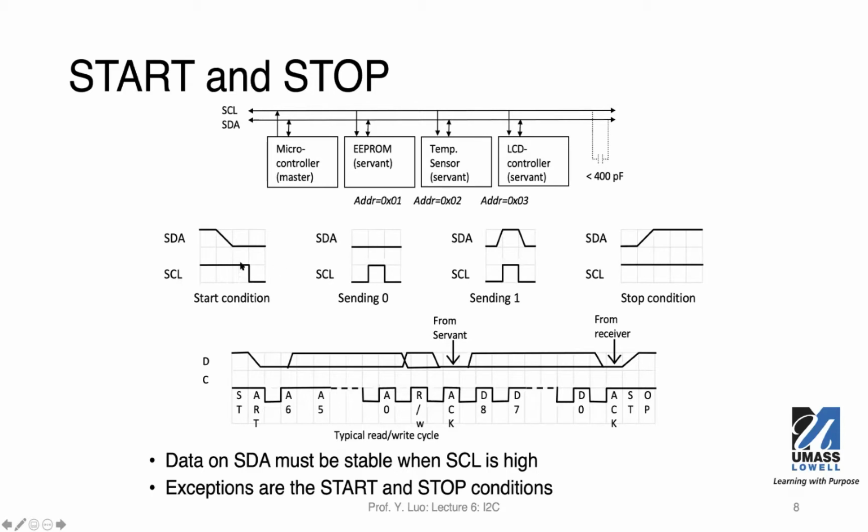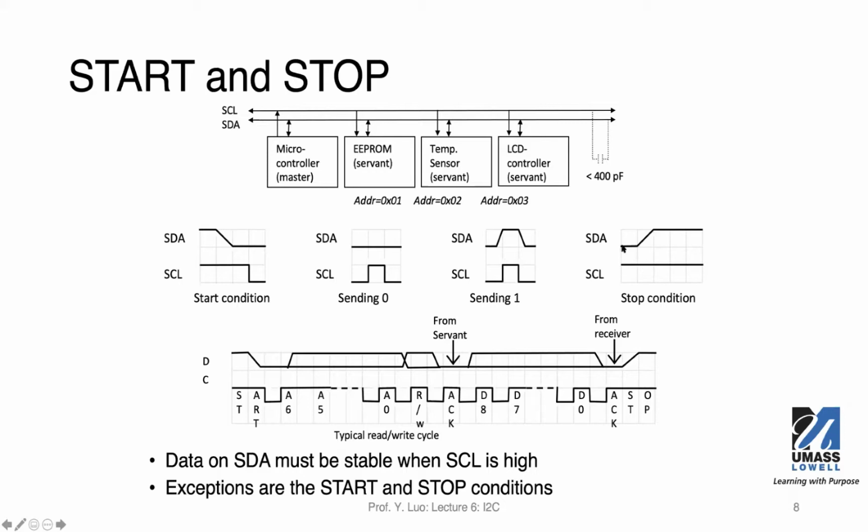And after that, the master will start generating the clock signals. You can imagine that each of these square boxes is half of a cycle, so we can have a clock signal going in this pattern until it stops. And speaking of the stop, this is the counterpart of the start condition. This is the stop condition. The clock signal will be maintained high, which means the clock pulses have stopped.